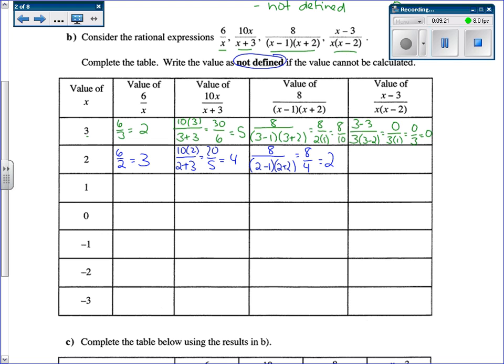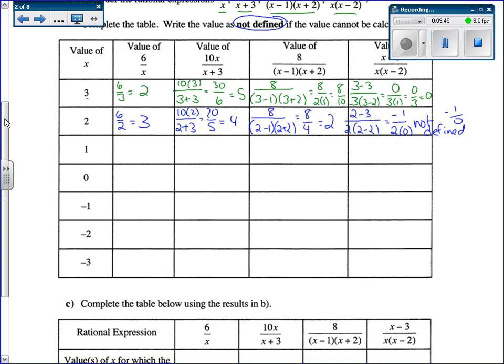So that's 2. 2 minus 3 over 2 times 2 minus 2 gives me negative 1 over 2 times 0. So this one is not defined, because I've got a 0 in there. Because 2 times 0 will just give me 0. That is negative 1 over 0.